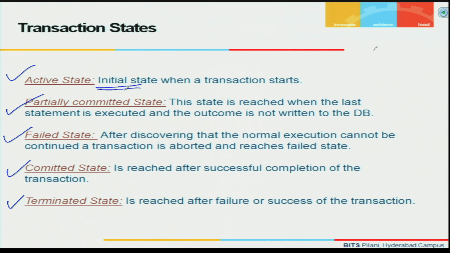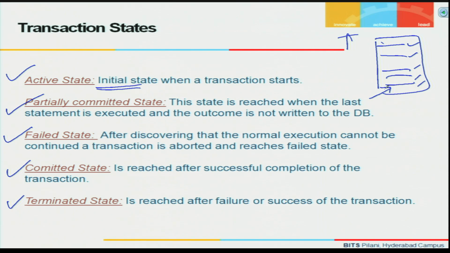Suppose, let us assume that a transaction has 5 operations. Once it is started, it will be in the initial or active state, and it can perform these operations. And once it has executed the last operation or instruction, it will go to the partially committed state.